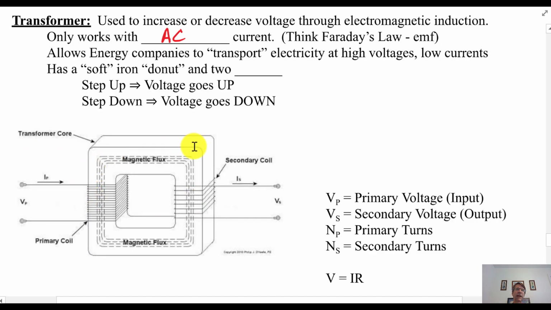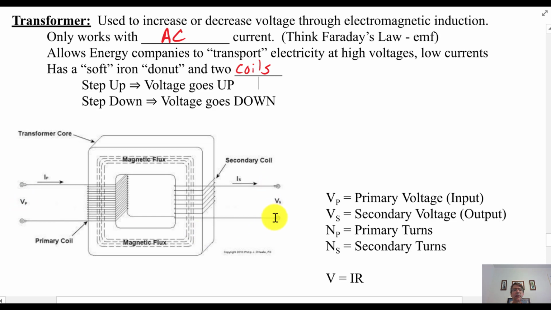So you have a soft iron core. It could be rectangular or square like this, but it has to have a hole in the middle so you can wrap these coils of wire. Okay, so it has a soft iron donut and 2 coils. It has to have 2 coils. The one on the left here would be what plugs into the wall, the two leads that plug into the 2 spots in the wall.